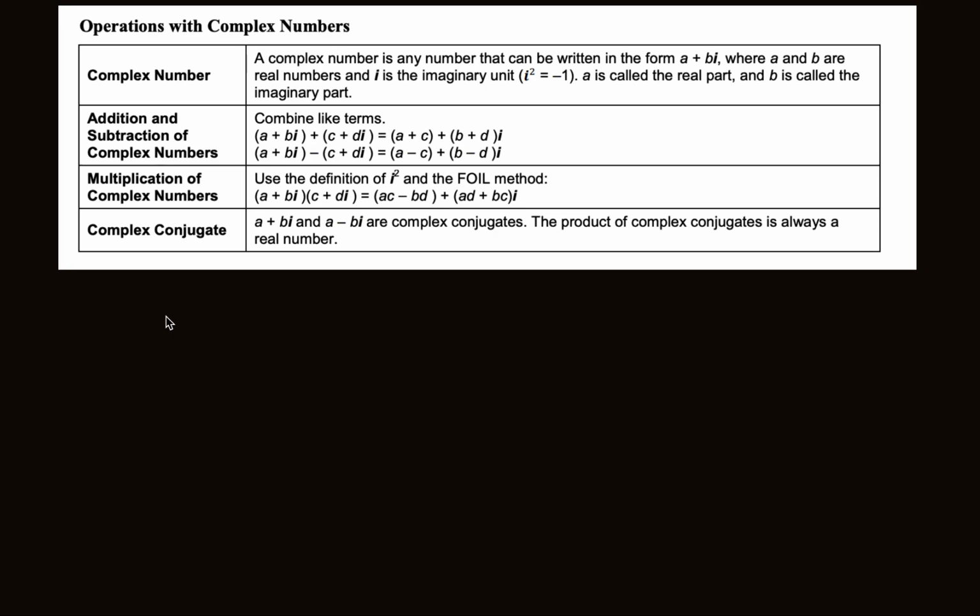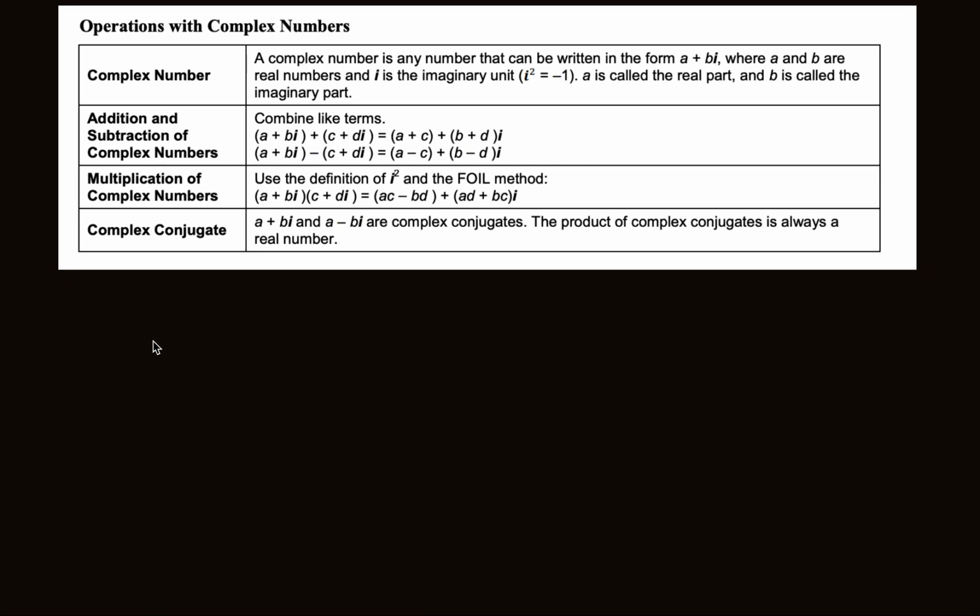And we had a little bit of operations with complex numbers because we understand that i squared is -1, and the square root of -1 times the square root of something else, we can break that apart. But now we're going to look at examples of those operations: addition, subtraction, multiplication, and then division.